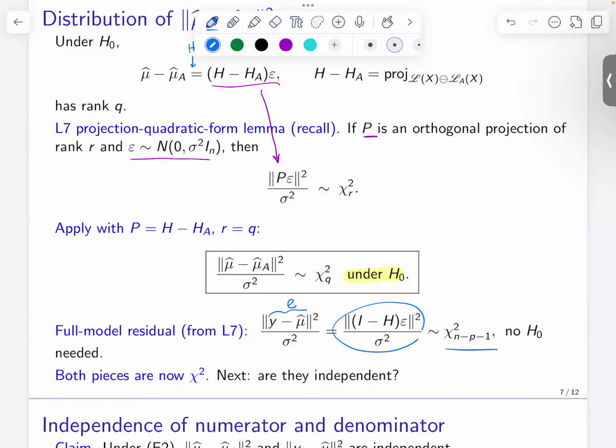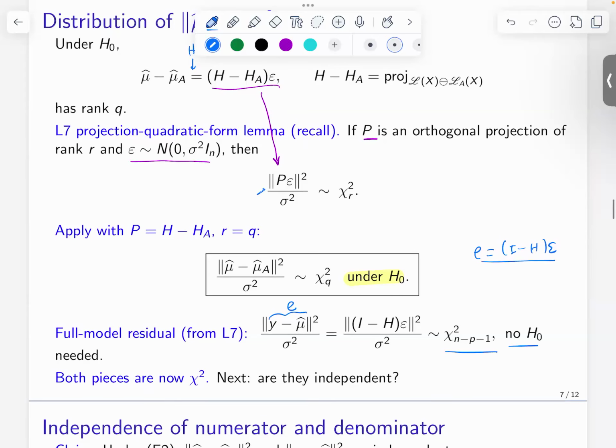And the reason was exactly that you can write that residual out of a projection matrix I minus H times epsilon. So E is I minus H epsilon, I'm just applying that result to this vector. And that was exactly how we proved this. This holds generally under the linear model, so there's no H naught assumption needed here.